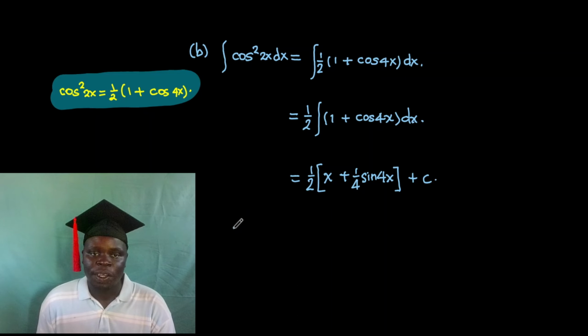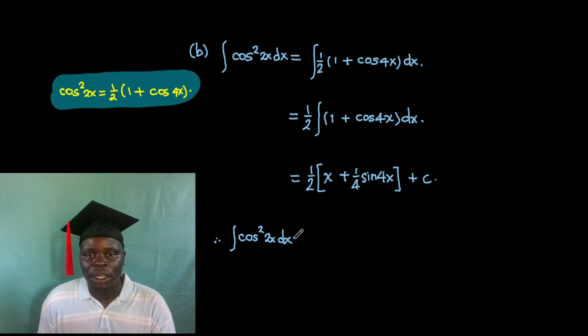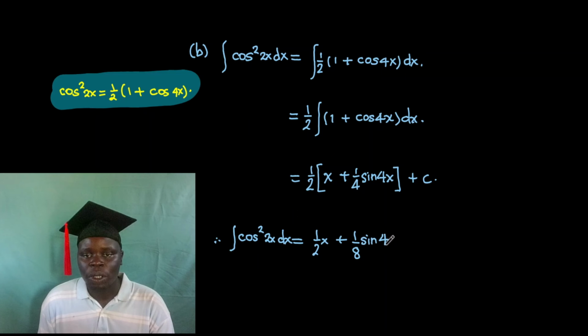To get our final result, we say therefore the integral of cos square twice x with respect to x is given by, when you open up the first term, 1/2 x, plus the second term becomes 1/8 sine 4x, plus the constant of integration.